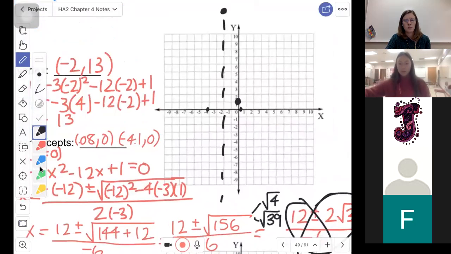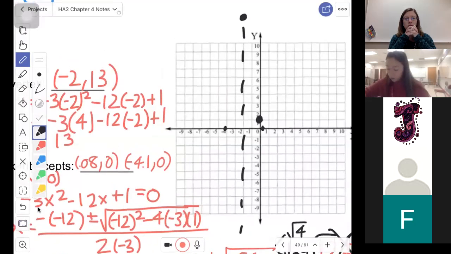What other point can we reflect over that axis of symmetry to plot another point? Malachi. 0, 1. Yeah. We can reflect that 0, 1 point over that axis of symmetry, which would land right there.